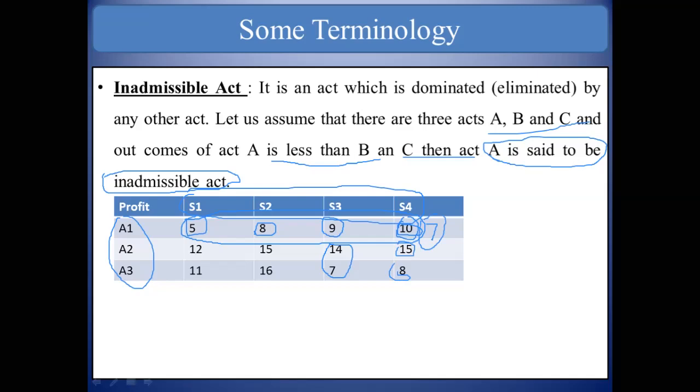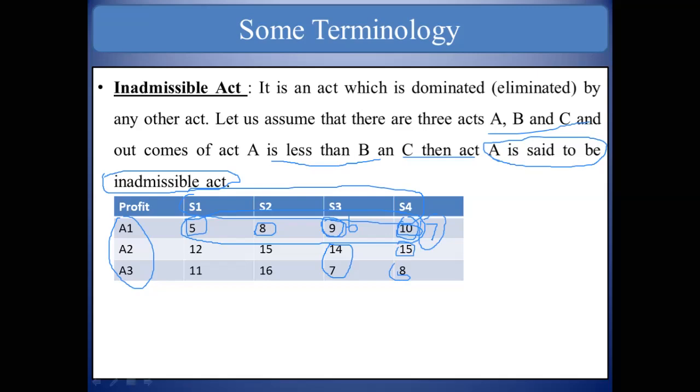And in place of 9, you can take 6 to understand it very clearly. So now 6 is less than 14 and 7, 7 is less than 15 and 8, 8 is less than 15 and 16, and 5 is less than 12 and 11.